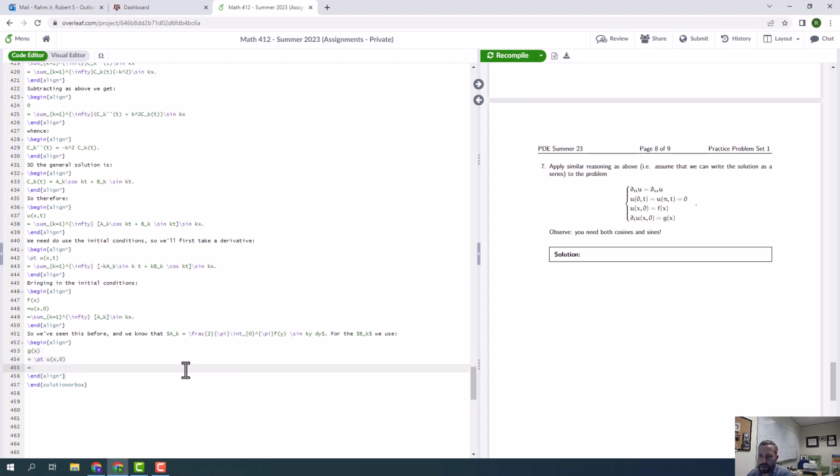Where is the t derivative of u? Right here. Let me copy it down here. Now, that term is going to be equal to 0 because sine of 0 is 0. And the cosine term is going to be 1 because cosine of 0 is 1.